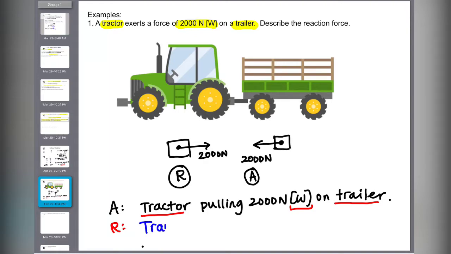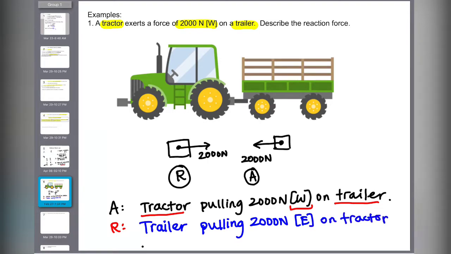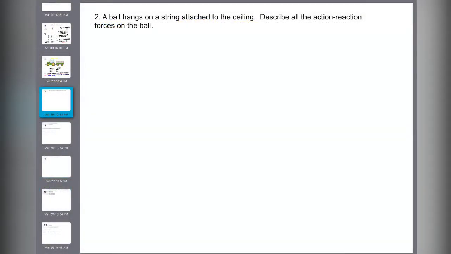So instead of the tractor, now the trailer is pulling with the same magnitude but opposite direction, towards the east, on the tractor. That's how you write the action and reaction forces.